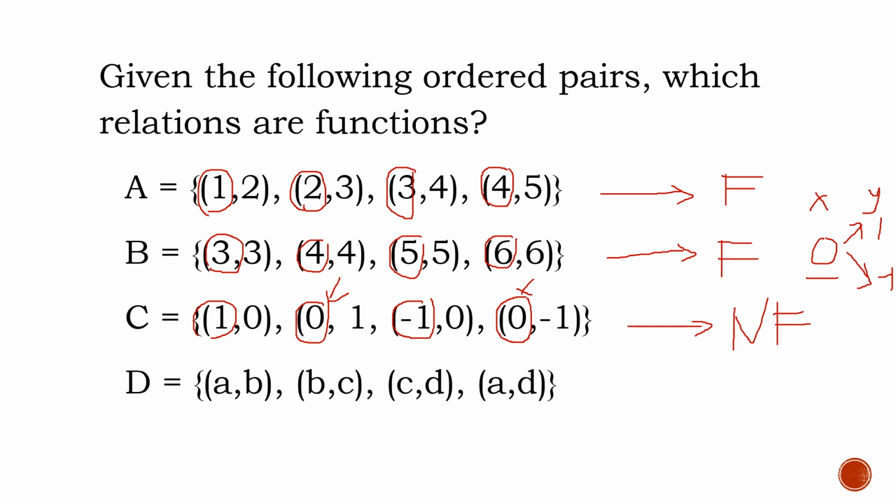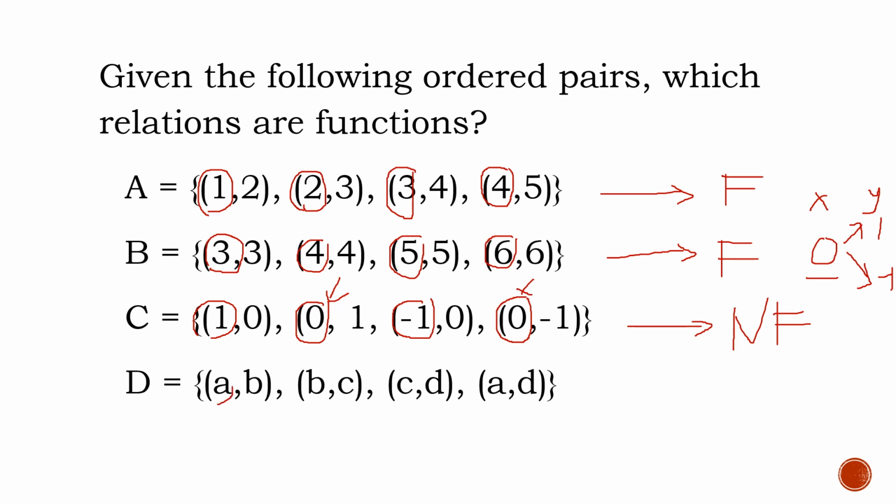For the set of ordered pairs under your D, let's check. Again, the same process. You need to check if there's a repetition within your x values of the given set of ordered pairs.